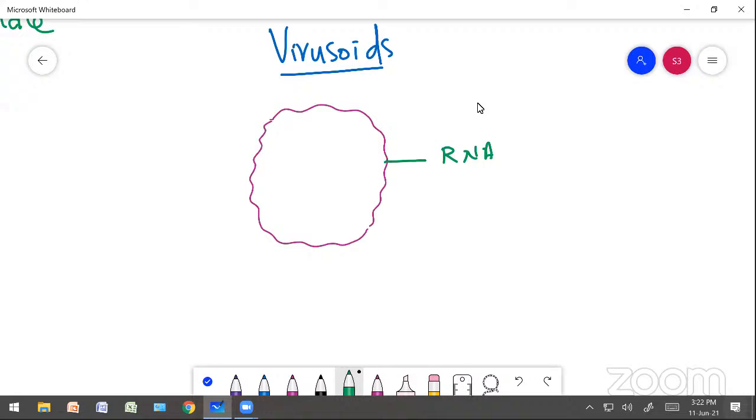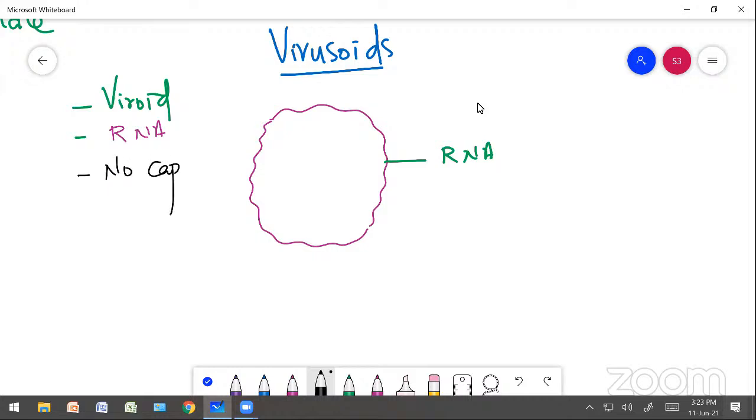Virusoid, right? Now this virusoid is also similar to that of viroid. And it possesses only RNA molecule. A ribonucleic acid is only present and it does not possess capsid.